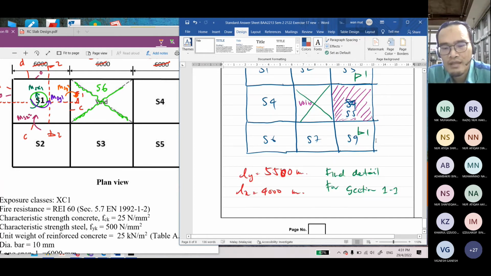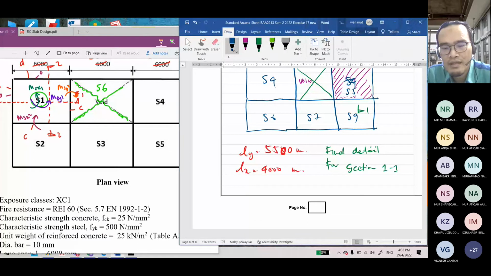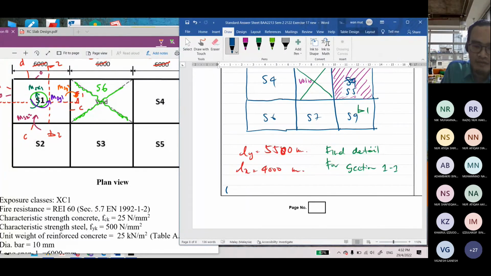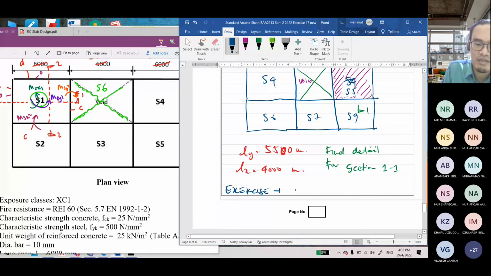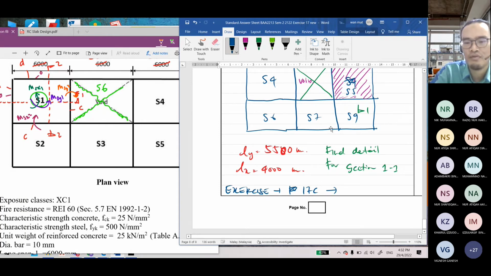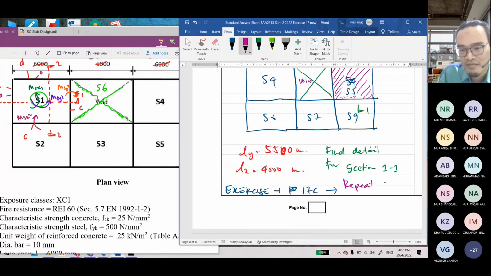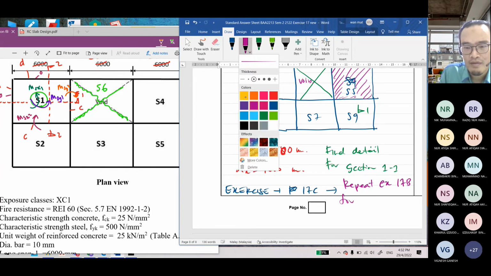Okay, and then dengan rahmat kurnia yang maha kuasa, bersempena dengan Aidilfitri yang mulia, saya menganugerahkan exercise 17C where you have to repeat. Okay, sementara menunggu saudara yang datang, repeat exercise 17B for, okay, Vignesh.